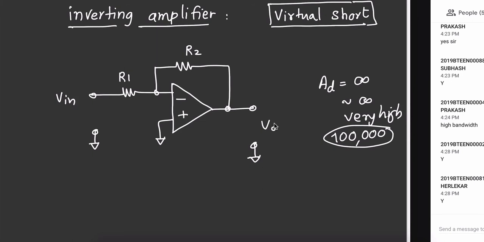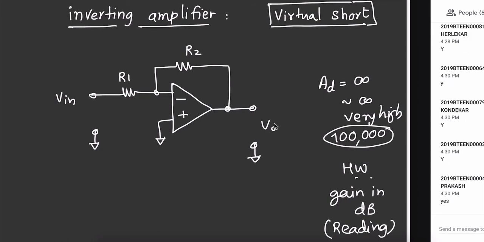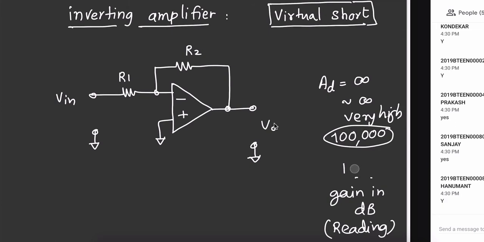So this is your homework: gain in dB. Read about it, a reading activity, obviously with understanding. Doable? Yes, very good. Please do this much.